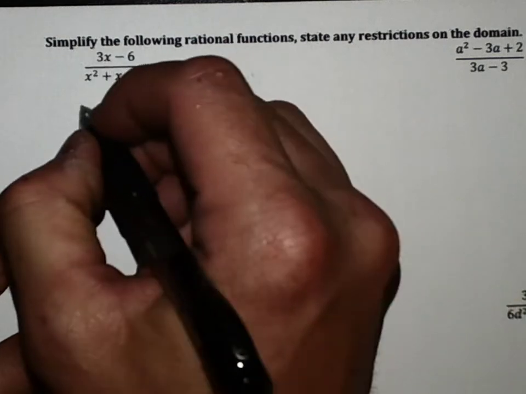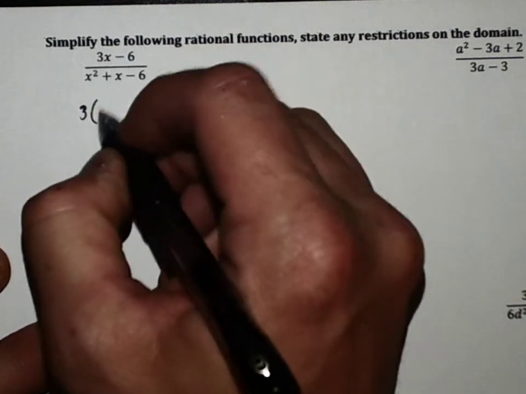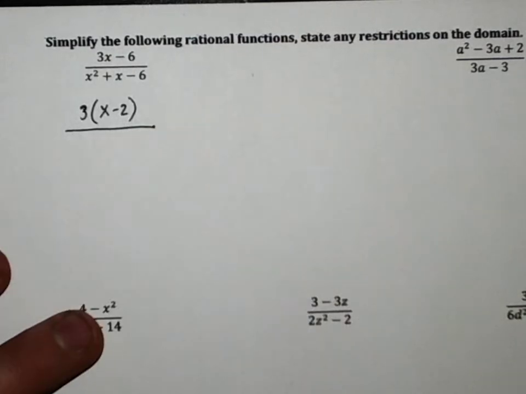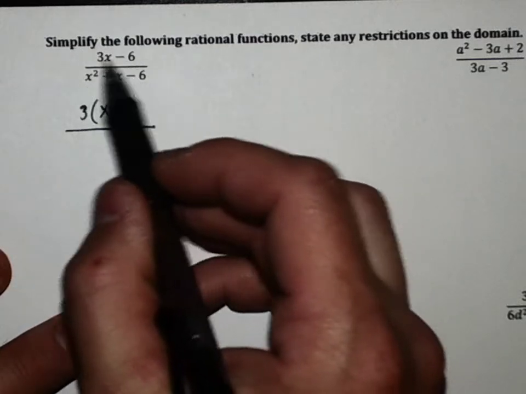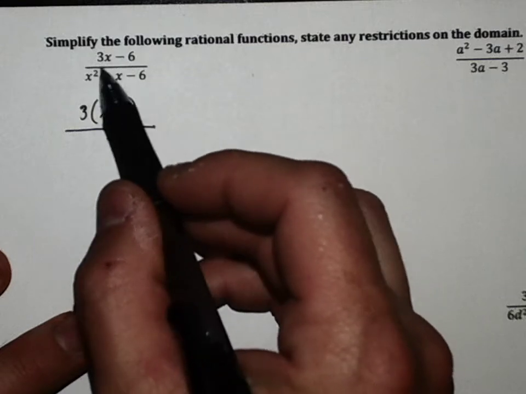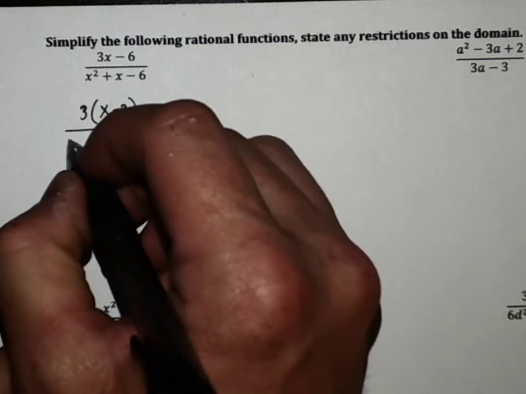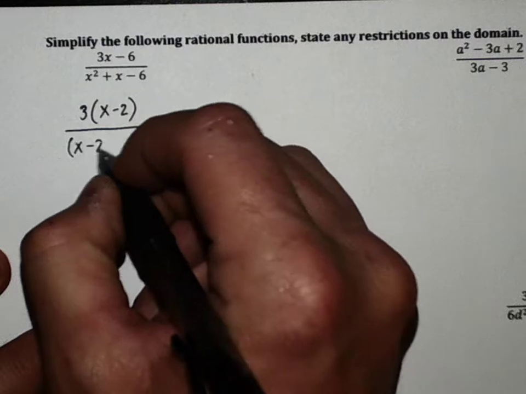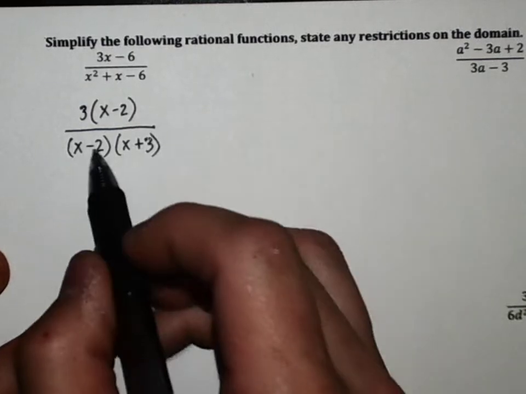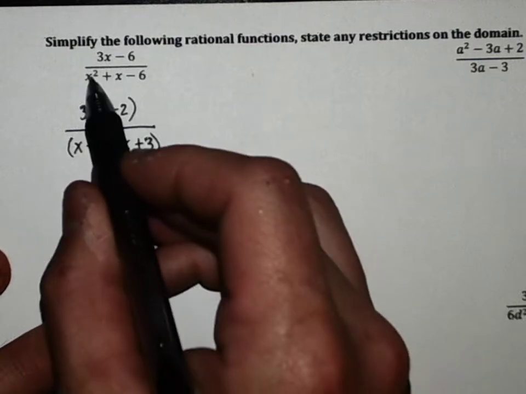So 3 is a common thing between the first two on the top. So I factor the thing on the top, getting 3 outside of x minus 2. Now let's look at the bottom. What multiplies to negative 6 but adds to positive 1? Well, the answer would be x minus 2 and x plus 3. X times x is x squared.